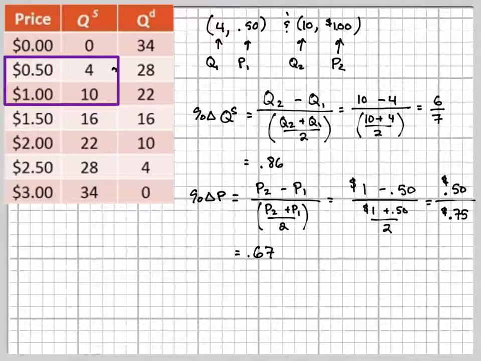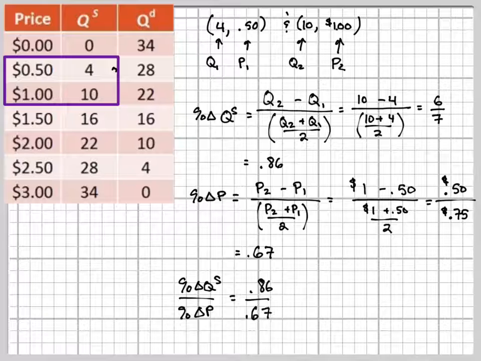So the price elasticity of supply in this case is 0.86 divided by 0.67, or if we throw that into a calculator, 1.28. So this says that a 1% increase in the price of the good leads to a 1.28% increase in quantity supplied.